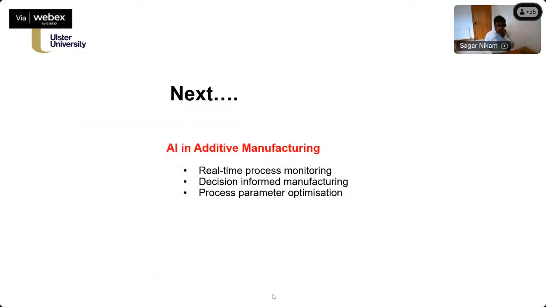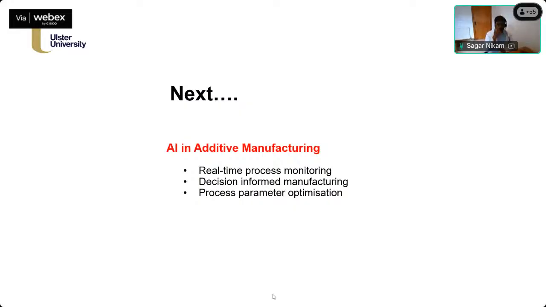The next is I want to take you through artificial intelligence in additive manufacturing. I know it's a bit difficult, since it's a sudden shift from digital twin to artificial intelligence. I'm going to present a small case study on how the digital twin for additive manufacturing is built.